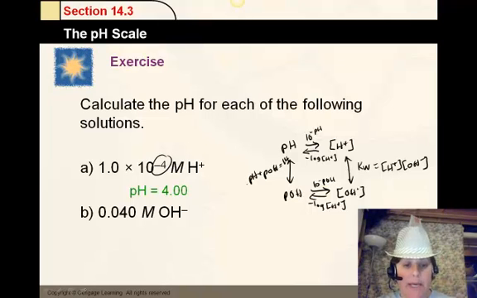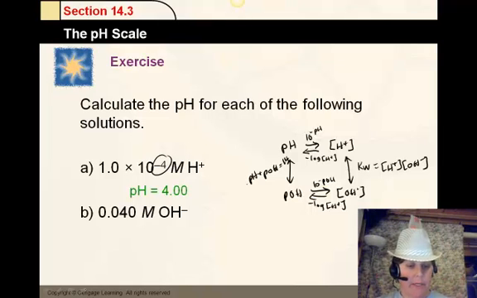So I guess what I'm saying is I know the OH ion concentration right here, and I would like to get the pH, pardon me. So what I could do, let's see if it works in the calculator. If I take the negative log of 0.04, I get 1.397 and some other decimals.